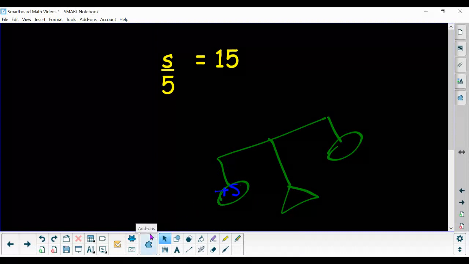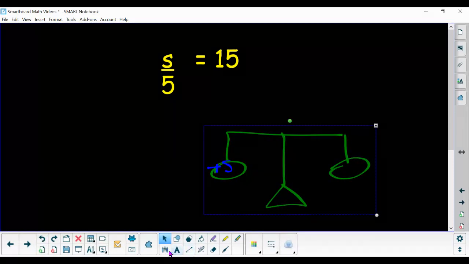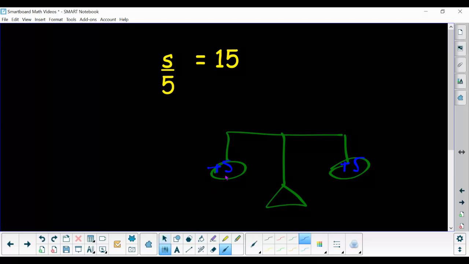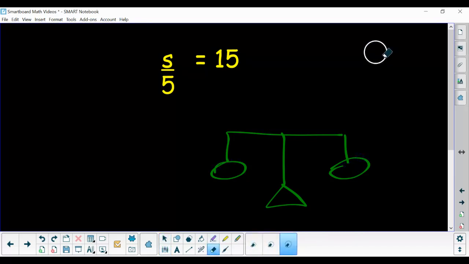So what you want to do is, if you do anything on one side, you must also do it to the other in order to balance things out. So keep that in mind when you're solving this equation. I'm going to keep this scale on the side for reference for later.